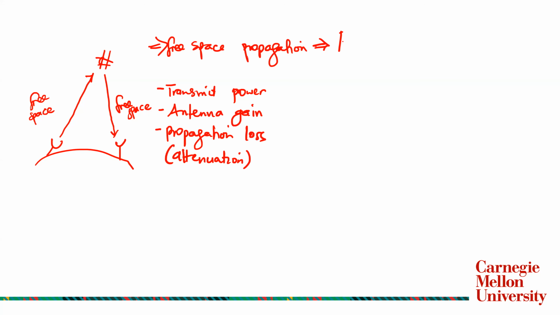So we want our power received to be greater than a certain threshold. And this threshold is called the sensitivity, but we are going to be looking at those concepts in more detail.